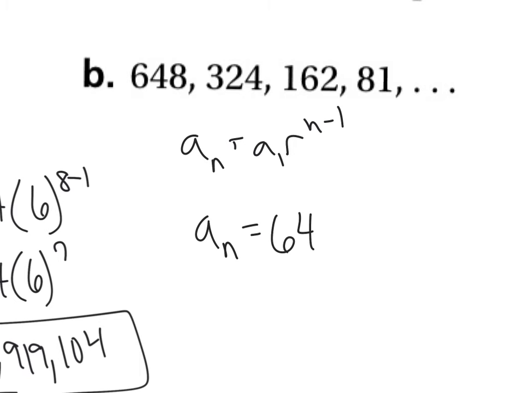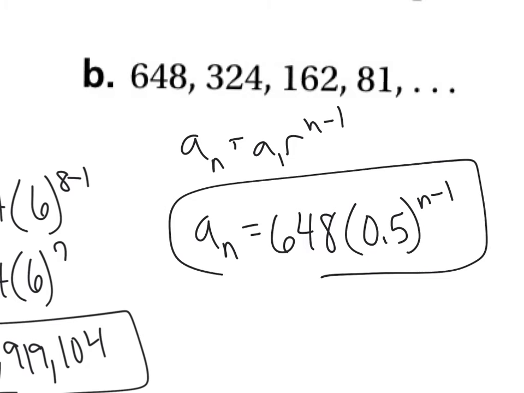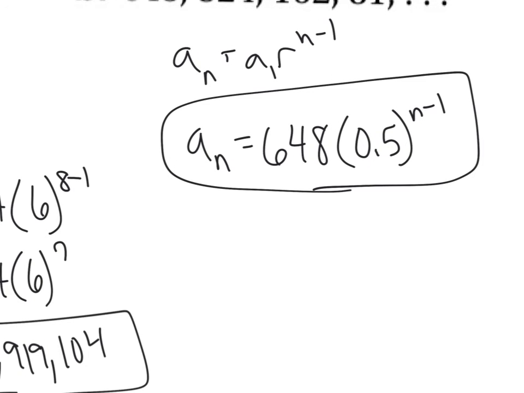First term is 648. This one, they're dividing by 2, so it's the same as multiplying by a half or 0.5, whichever way you want to put that. So this could be our formula, first of all. And then again, they want us to find the 8th term.